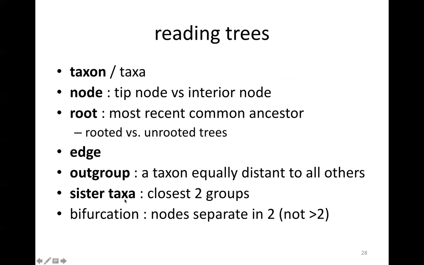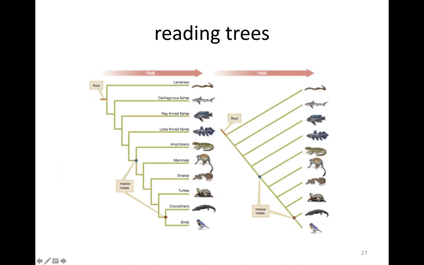Sister taxa are just taxa which are closest in a phylogeny. So here, for instance, crocodiles and birds could be sister taxa, and lobefin fishes and tetrapods would also be sister taxa. So all tetrapods together and lobefin fishes would be the closest groups compared to other marine living organisms.